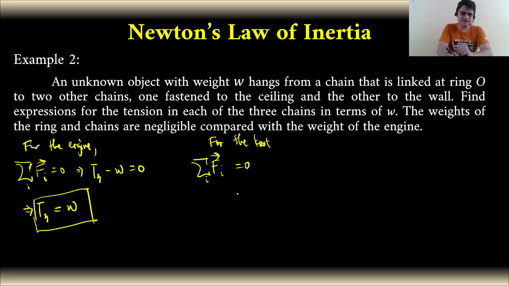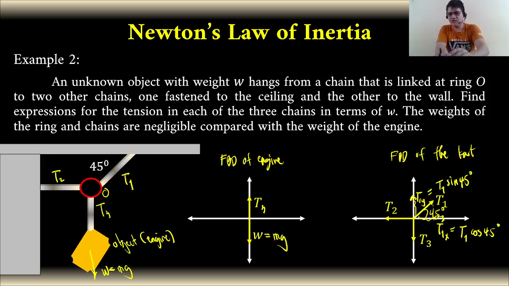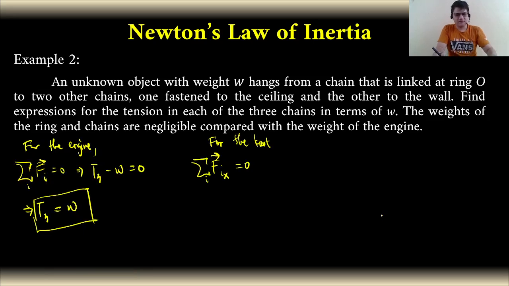So for the x-axis, we get the sum of all forces with respect to the x-axis. As we can see here, T1x is pointing towards the right, which means that it's positive, and T2 points towards the left, which means that it's negative. So we have T1x minus T2 is equal to 0.